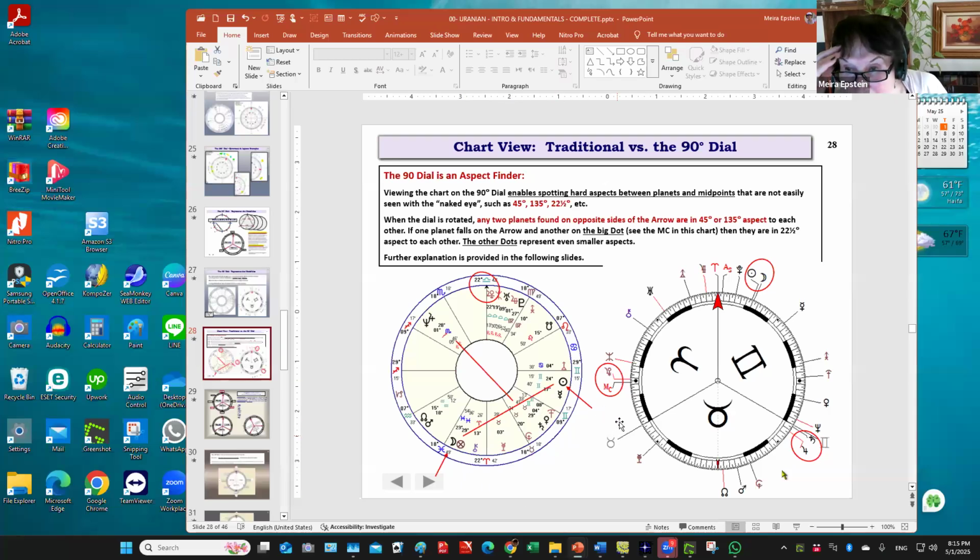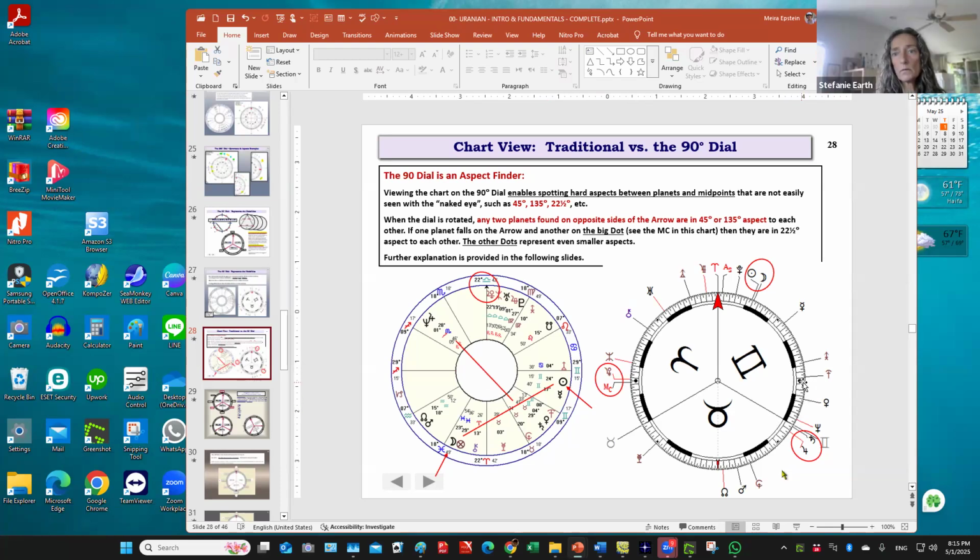In the same way, by the way, I said 22.5 in the cardinal. Look at the other black dot on the right side, the one I'm pointing to. The distance from this black dot to the Aries point is also 22.5.